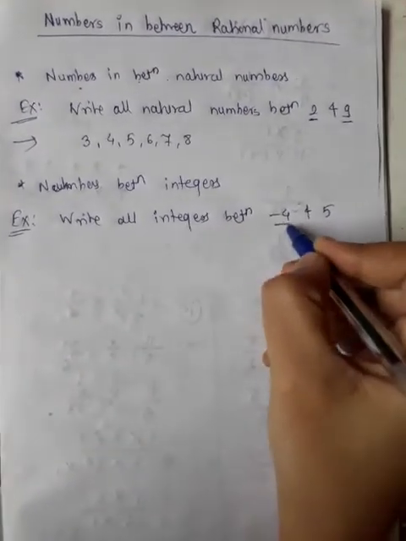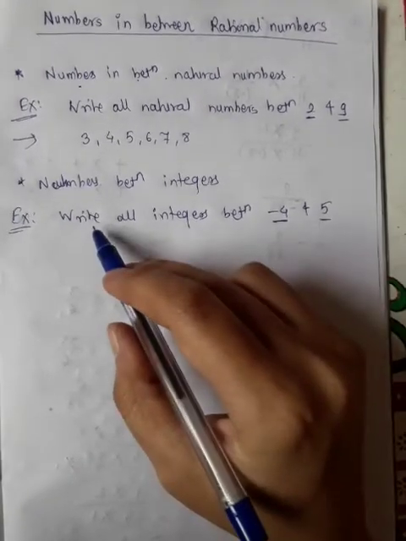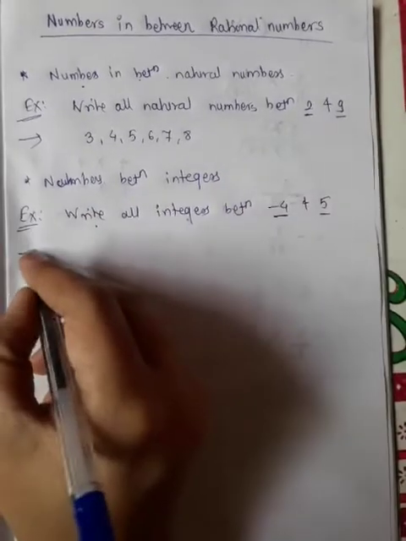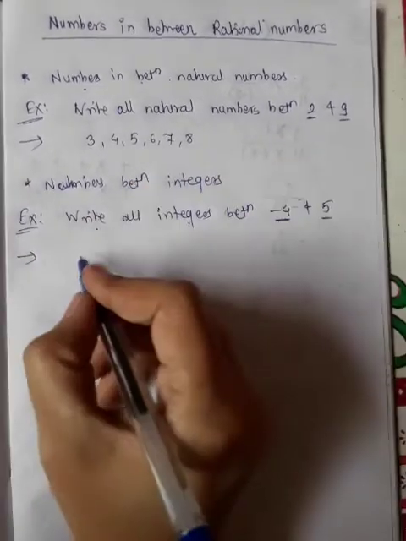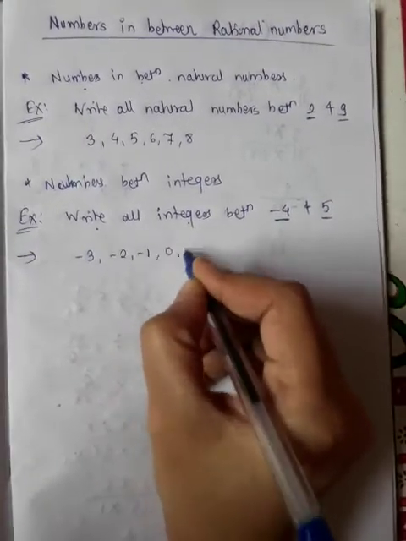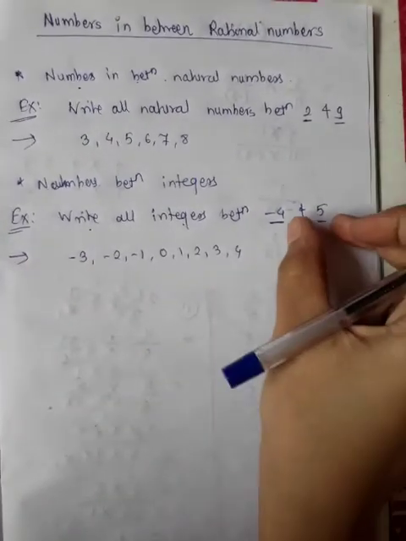So see, we have given these two integers -4 and 5, and here we have to find integers between -4 and 5. So what are the integers between -4 and 5? So -3, -2, -1, 0, 1, 2, 3, 4. So these are the integers between these two integers.